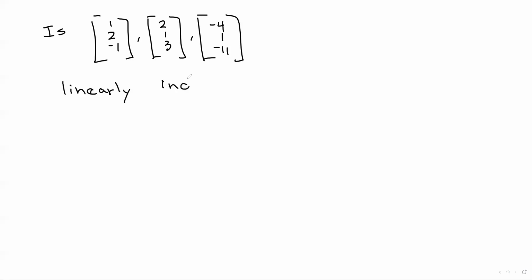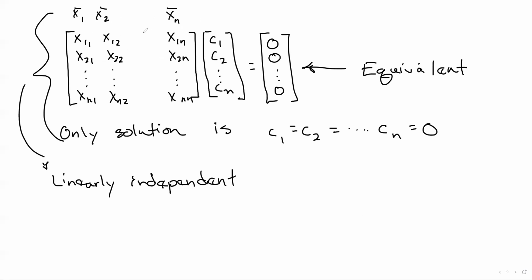Are these linearly independent? We're going to depend upon what we just went through. The answer is that if, when we create a matrix equation like this, the only solution is this, then it's linearly independent. So how do we do that?